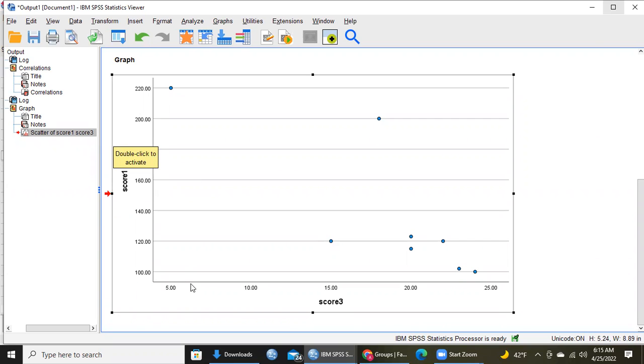As score 3 is increasing, your score 1 is decreasing. You see that at 100 for score 1, your score 3 is almost 25, right? Whereas for score 3 being equal to 5, your Y coordinate is 220.